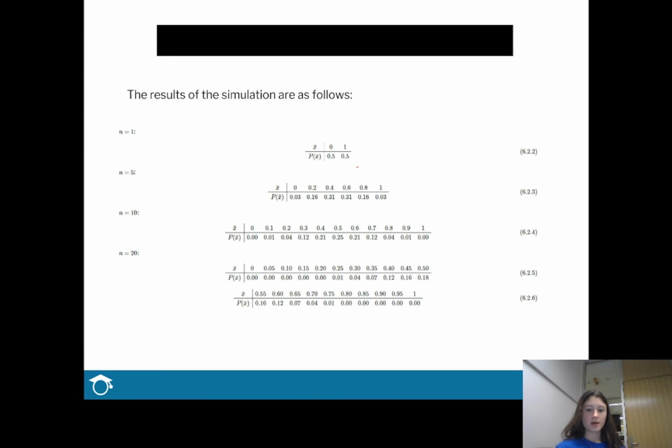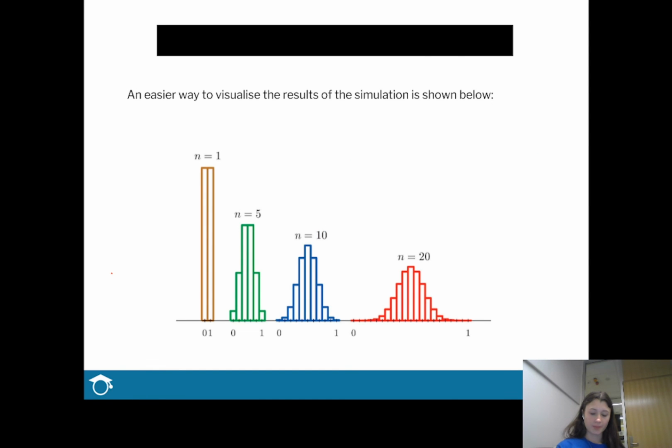So these are the results of the simulation. As you can see, the sample size increases as we go along. And what do you notice about the data? It gets more spread out and it gets smoother.